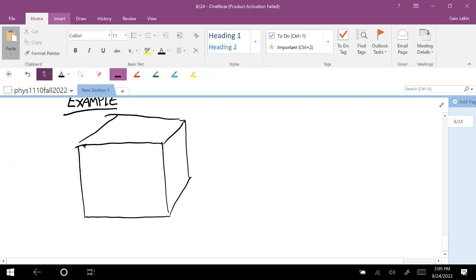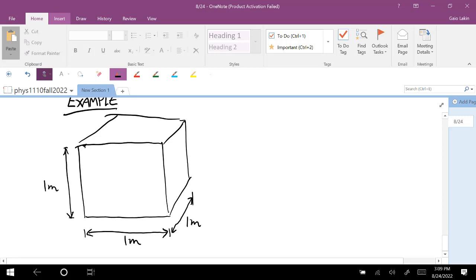And this block is a cube, and every side length is 1 meter. And let's say we're going to open this up and fill it with cubes with the side length of 1 centimeter. Okay. The question is, how many of these centimeter cubes could you fit inside this meter cube?